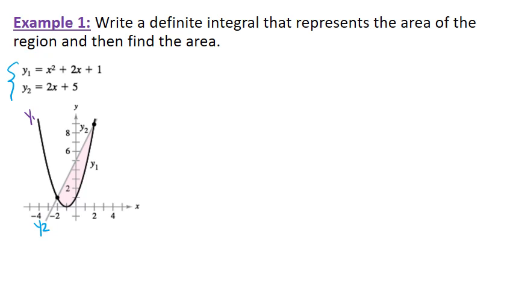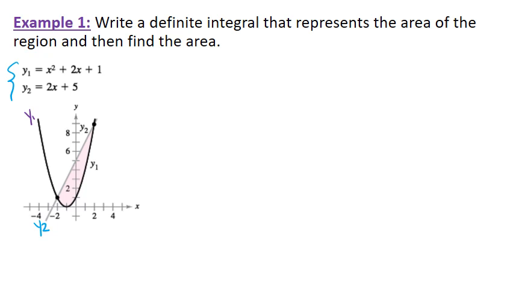Now, at some point you're really going to want to tell if one function is always on top of another or if one function is always to the right of another. If you look at this, the linear function is always above the quadratic function, and sometimes it's helpful to draw in those lines.